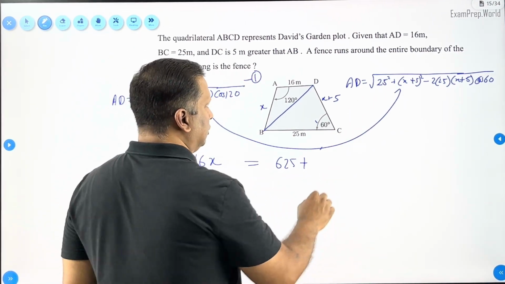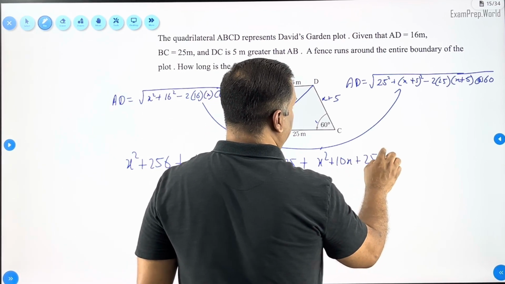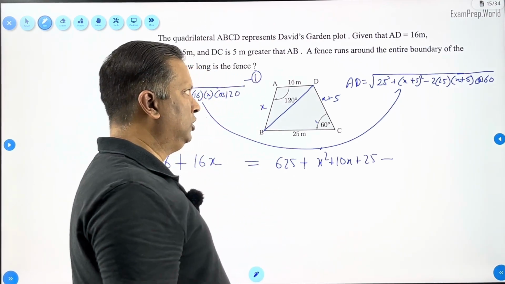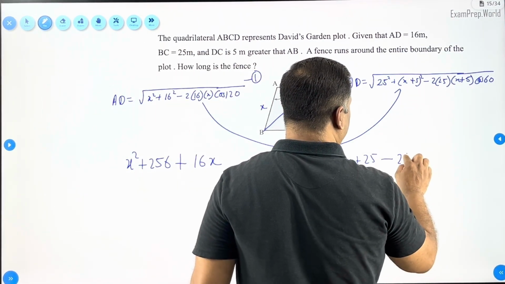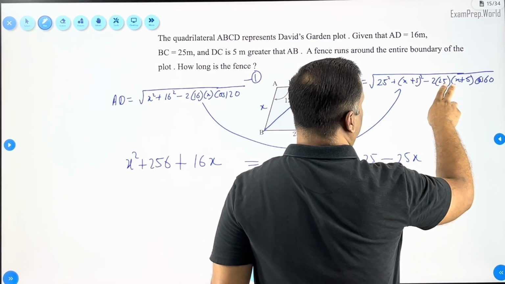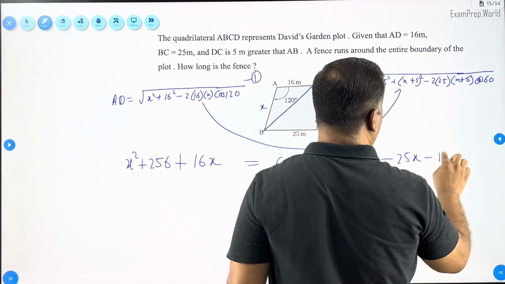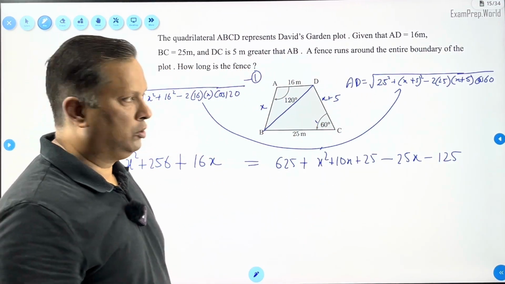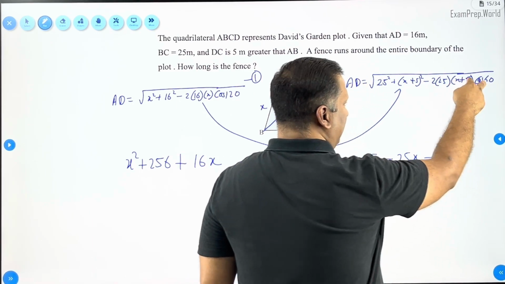So it is x square plus 10x plus 25 minus, cos 60 is half, that 2 and 2 will go away. So negative 25 into x is negative 25x, and negative 25 into 5 is minus 125. What I did, cos 60 is half, that half cancels, and negative 25 multiplies with both of them.